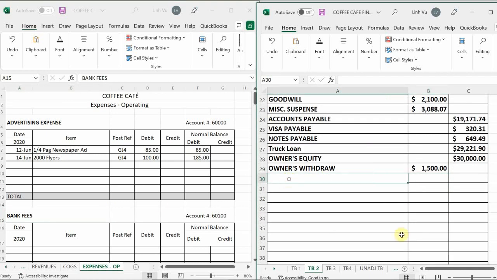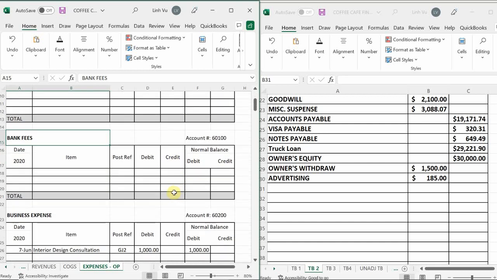Starting from the top, advertising expense. What's my current advertising expense account balance? $185. It's 185. Good. Did I incur any bank fees?